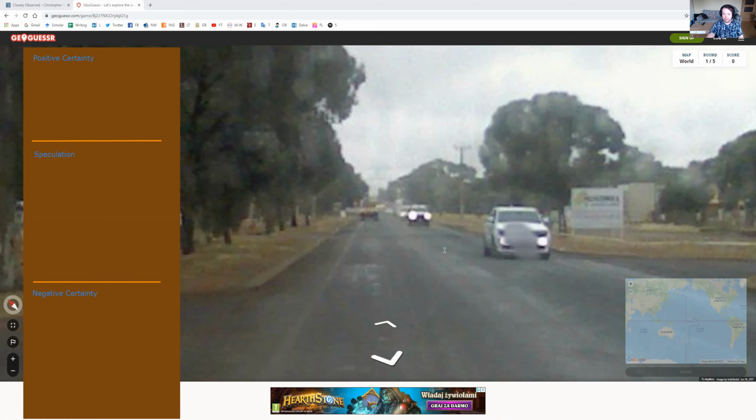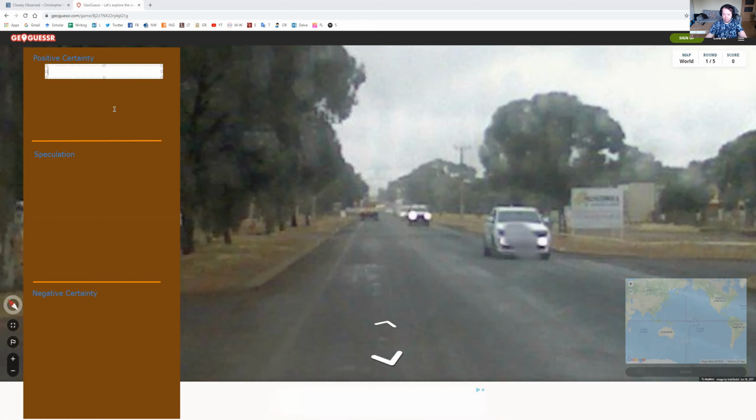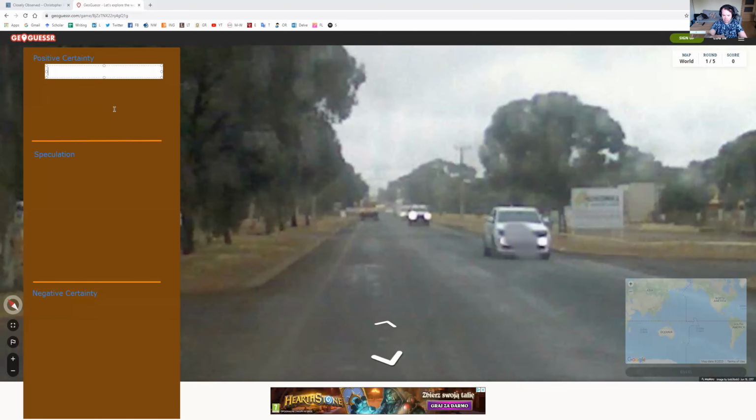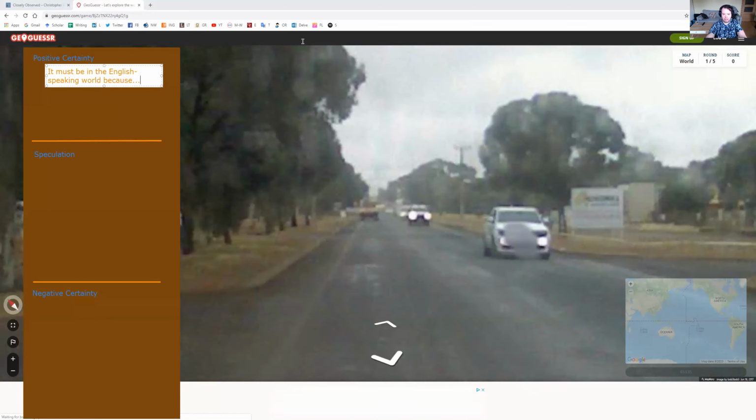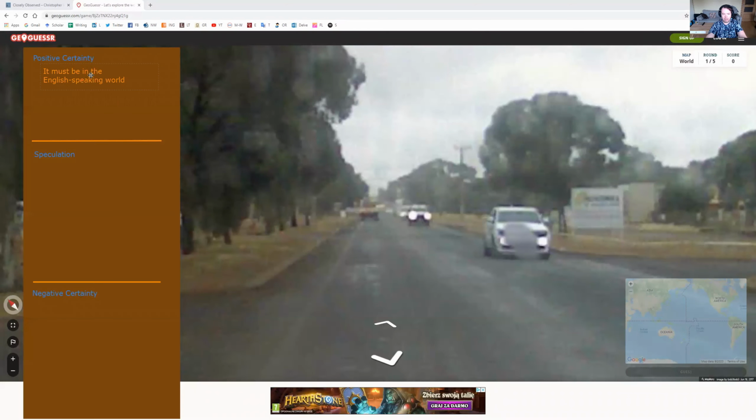So, for example, when we look at this one, positive certainty, you could ask the students directly, can you give me something where you're certain about this picture? Well, it must be in the English speaking world, because the cars are going down on the left side of the road. I mean, that might be an oversimplification of the fact, but we're getting our language here, aren't we?